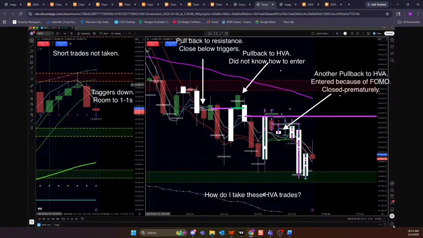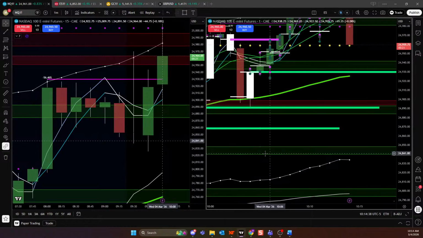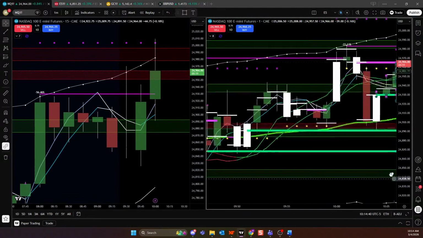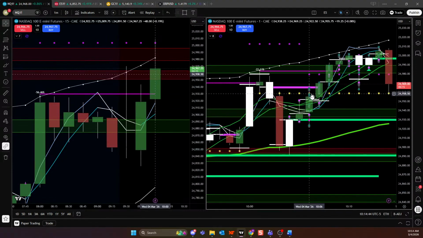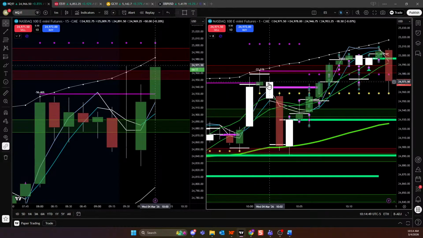The other way to use HVAs is from a termination condition. So if the market reaches a termination condition, let's see if we get one up here. So right here where the market reaches a termination condition, if you had room to trouble, a pullback to the pink line would be an entry.